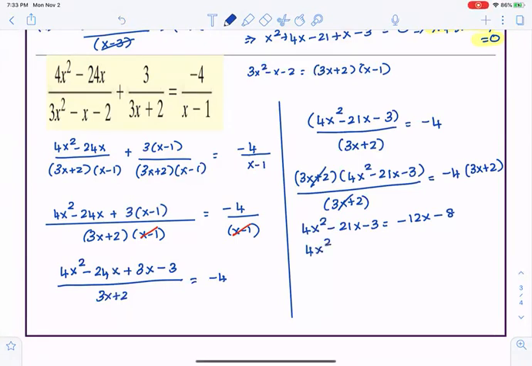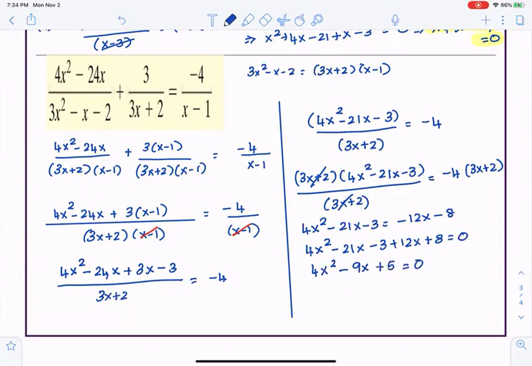So 4x squared, move all the terms to one side. Negative 21x minus 3 plus 12x plus 8 equals 0. Combine the x terms, negative 21x plus 12x is negative 9x, 8 minus 3 is positive 5.